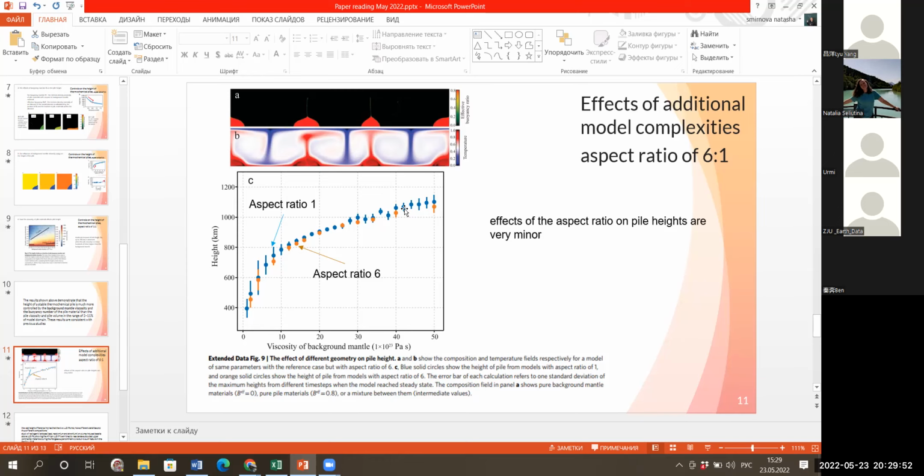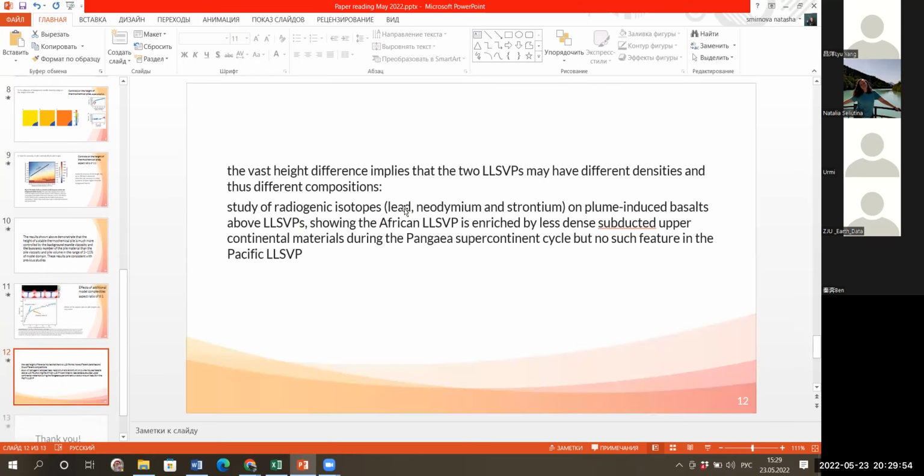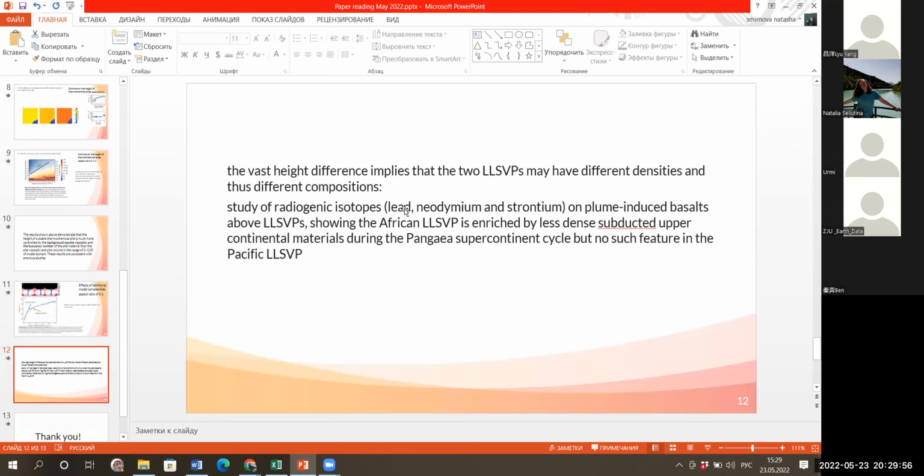And it was found that piles can oscillate between phases, like phases of rising, phases of collapsing. And this is why those two different large low shear velocity provinces may have different heights. So if they're in different phases of oscillation, maybe this is why they have those different heights.